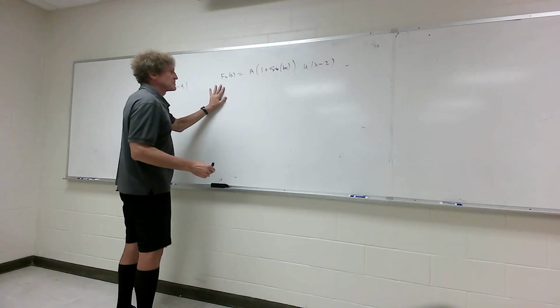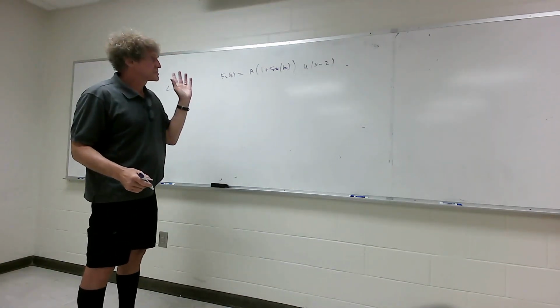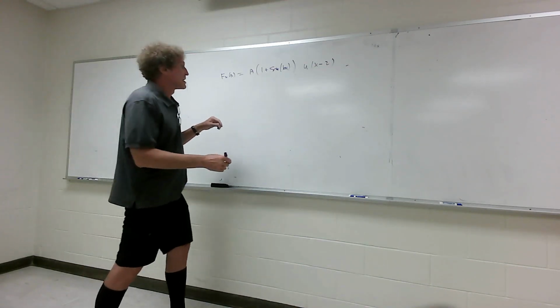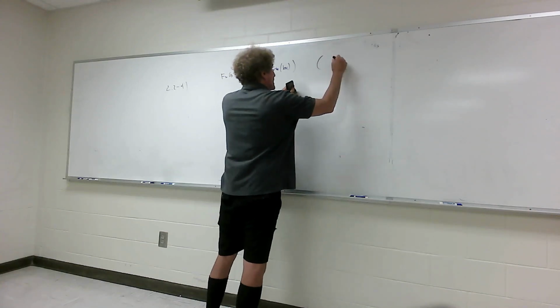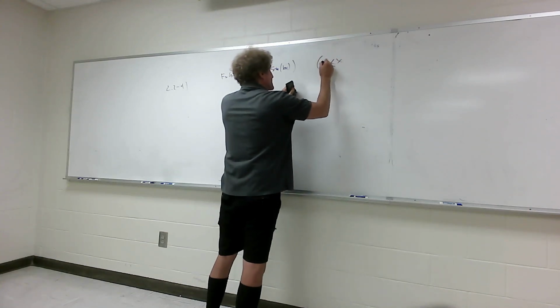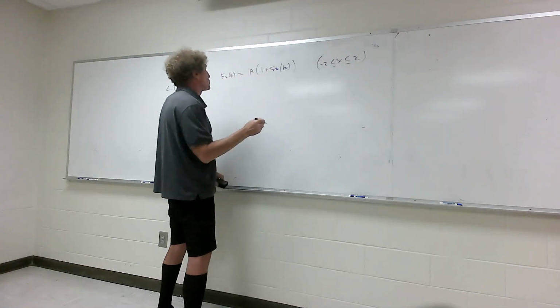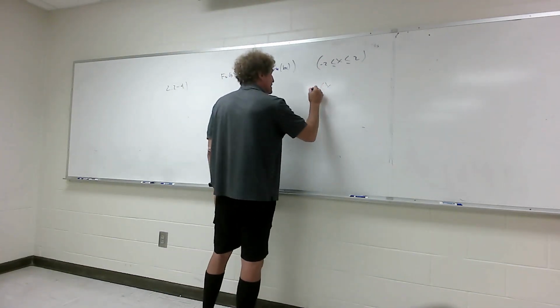So that's the distribution function. This is good for x greater than or equal to minus 2 and less than or equal to 2, and it's 1 for x greater than 2, right?